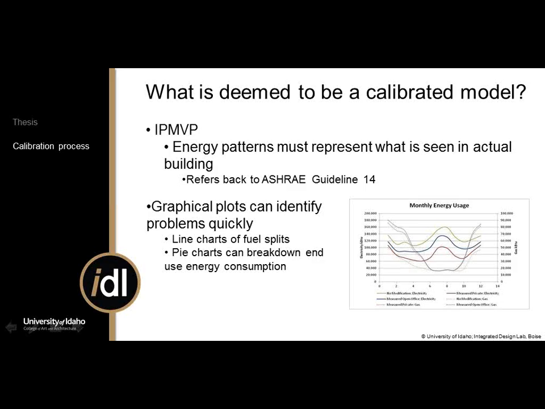It just refers back to ASHRAE Guideline 14 with the mean bias error and the coefficient of variation. But it talks about neat ways to arrive at discrepancies quickly, just by line charts or pie charts breaking down the energy use, and you want to try to model that as closely as possible, which will increase the confidence in the predicted energy use.